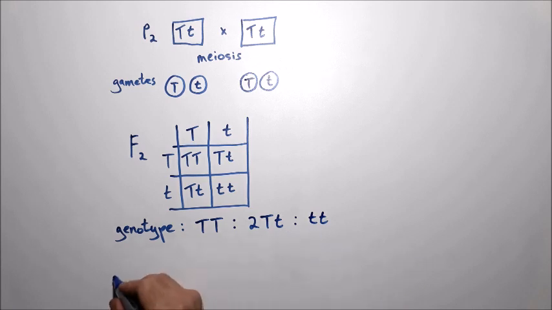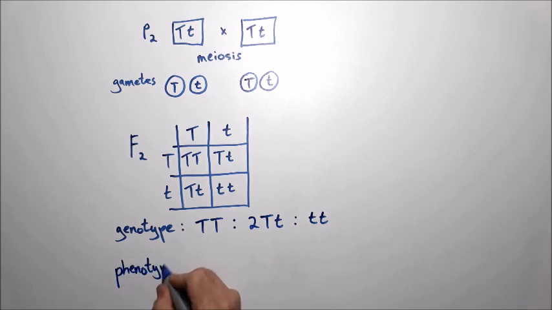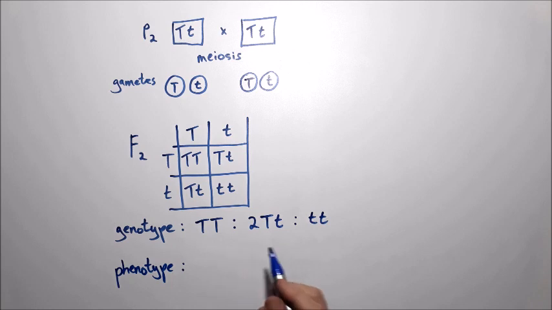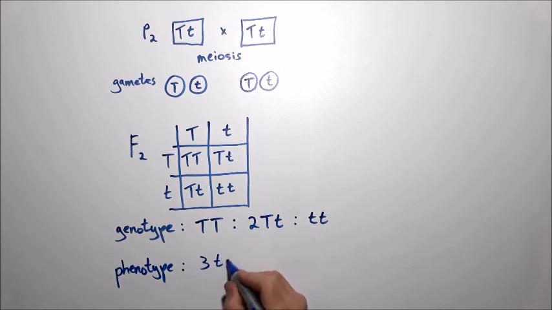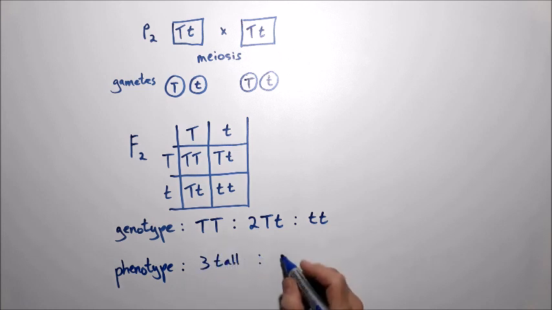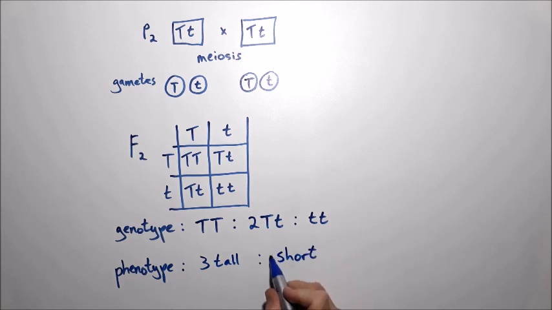Let's write out the phenotype. Right, so there's tall, and then another 2 talls and 1 short. So it's 3 tall to 1 short. I'm a little in doubt whether to write 1 there, but I think it's fair enough to write 1 short. Now, that was the unusual outcome that Mendel got.